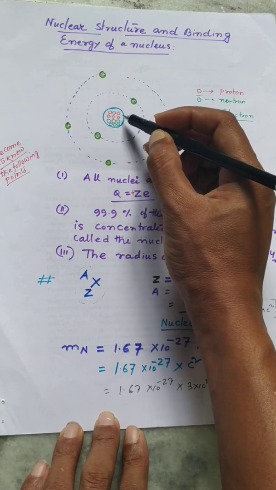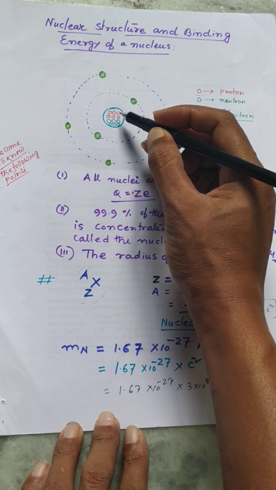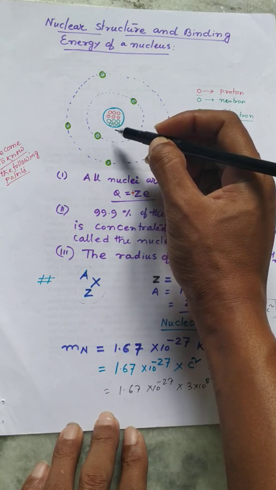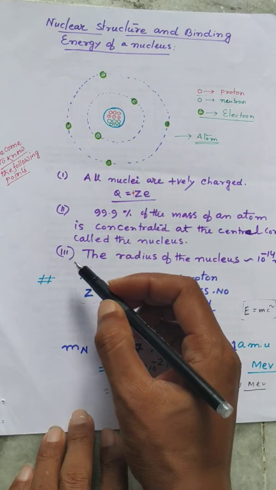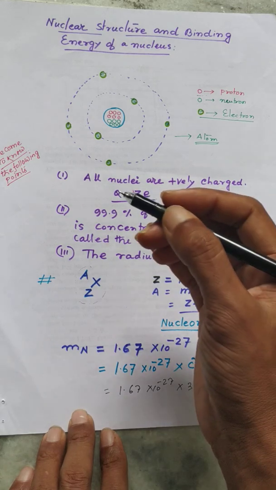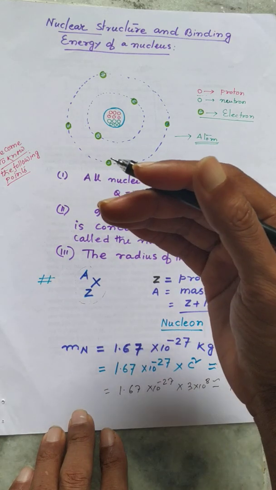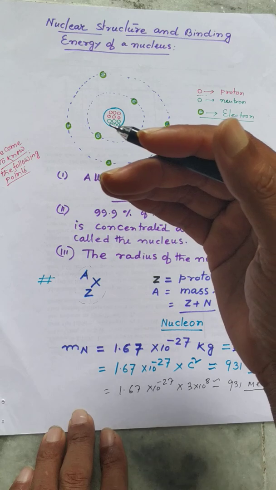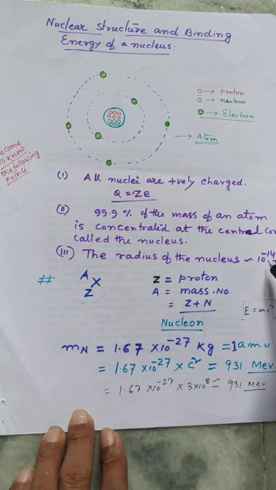The nucleus is made up of protons and neutrons. Third, the radius of the nucleus is of the order of 10 to the power minus 14 meter. He suggested the value of the radius of the nucleus is about 10 to the power minus 14 meters.